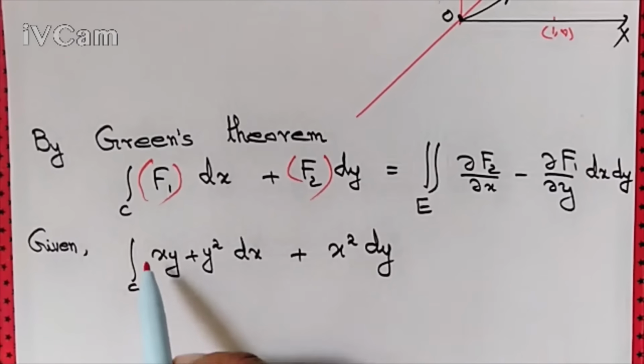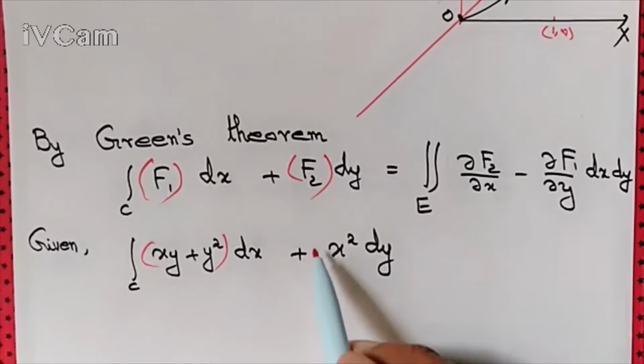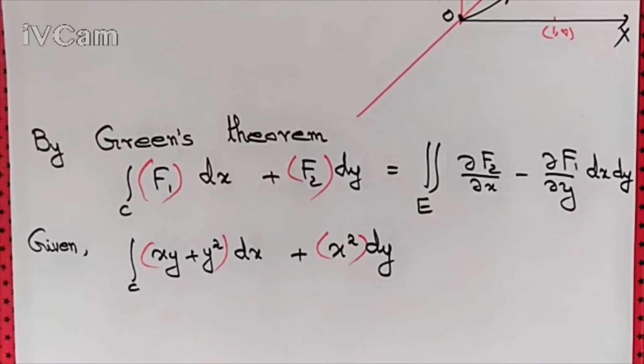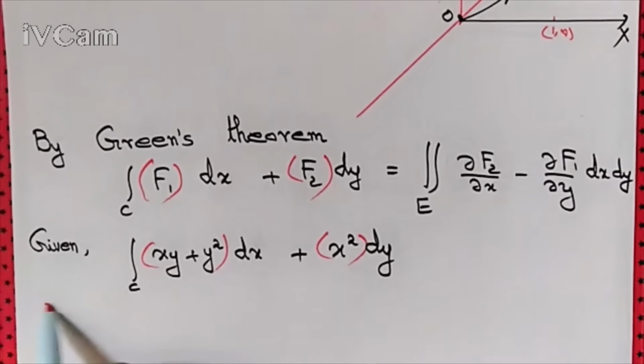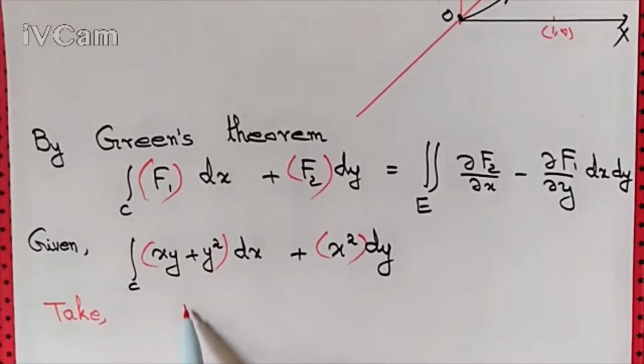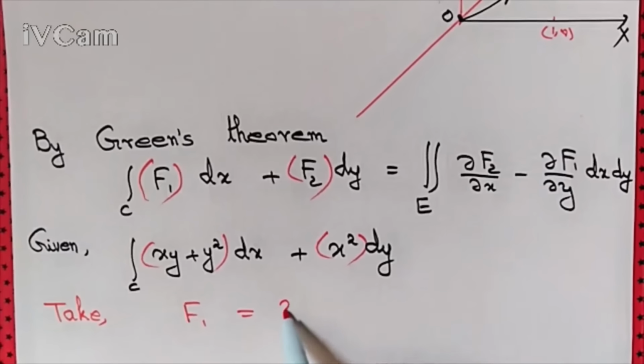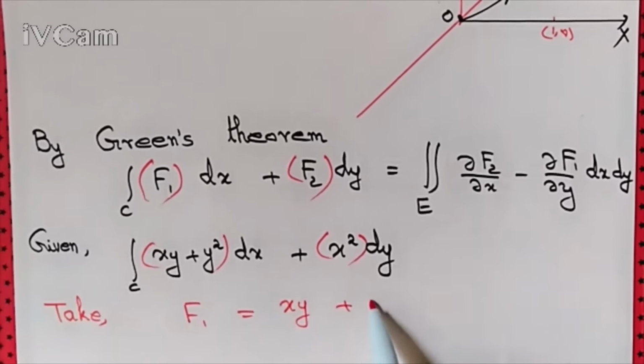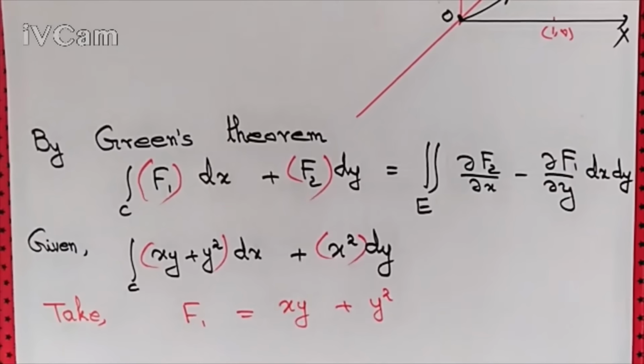We are given xy plus y square dx plus x square dy. So obviously we should take f1 equal to xy plus y square and f2 equal to x square.